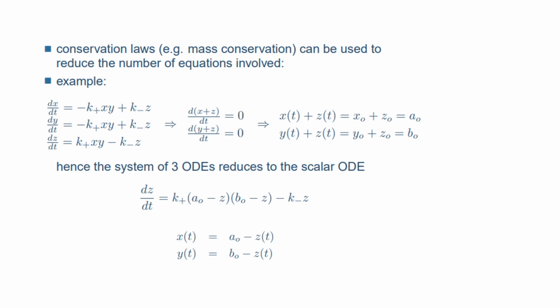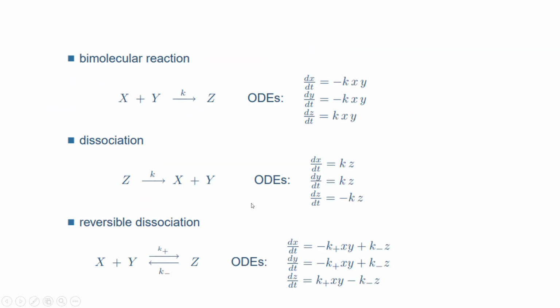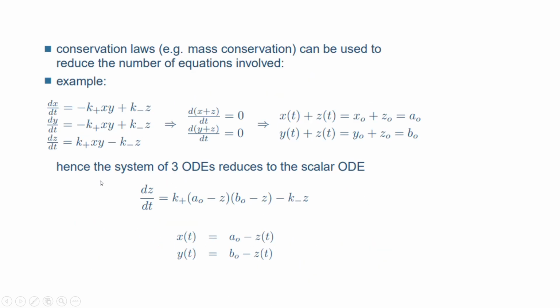So yeah, you can use certain constraints to basically reduce the number of equations. We have had three equations here, as in the previous slide from this reversible dissociation. Using conservation laws, which is basically mass conservation, x plus y equal to z.